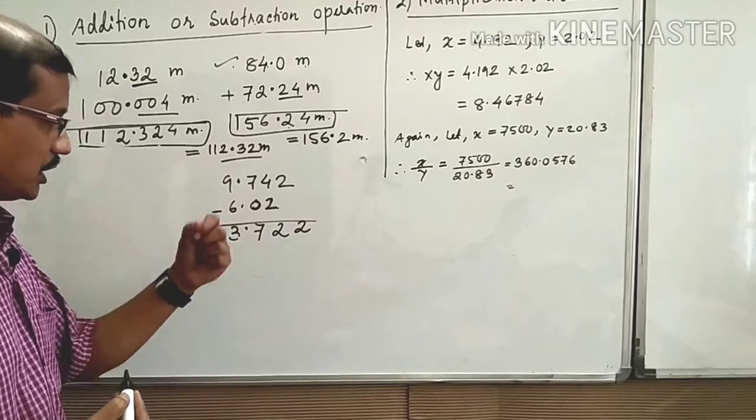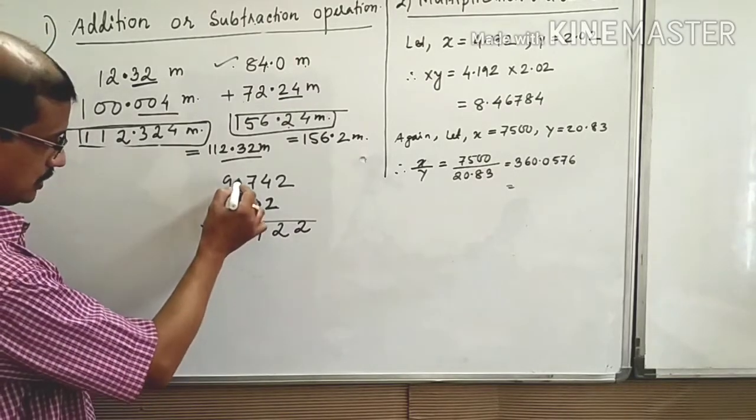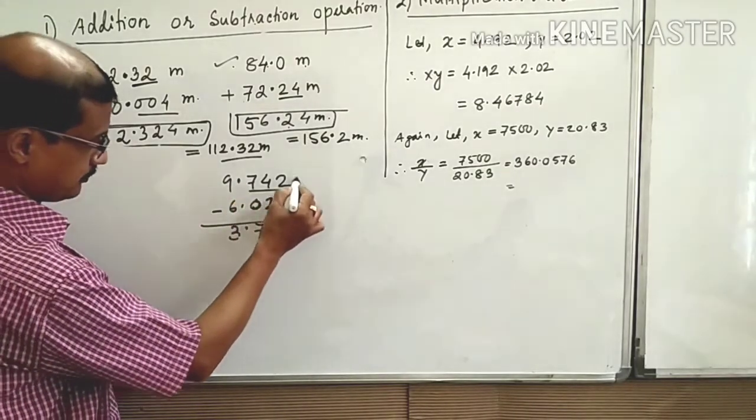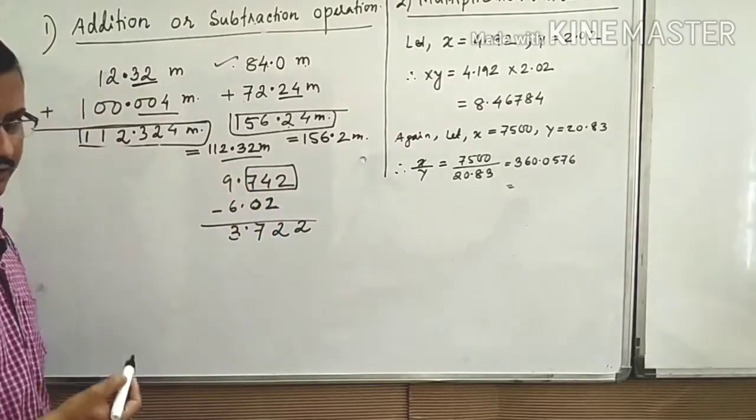Now we have to round off. How will you round off this result? In the first number there are 3 digits after decimal point.